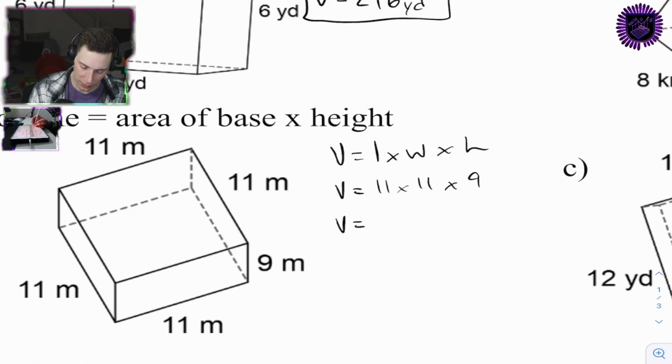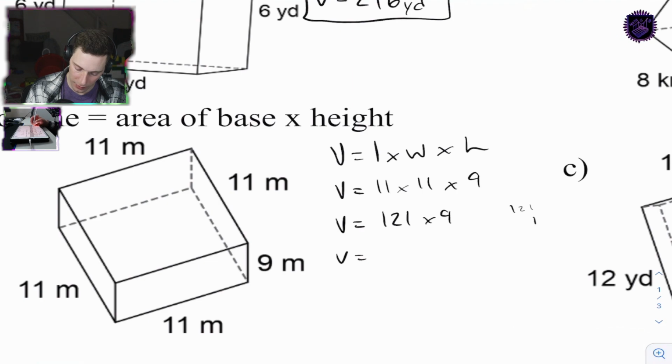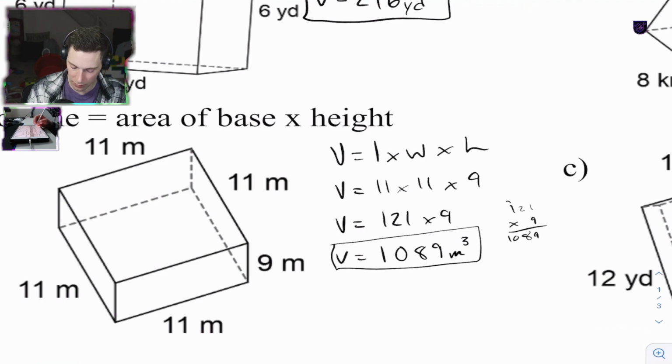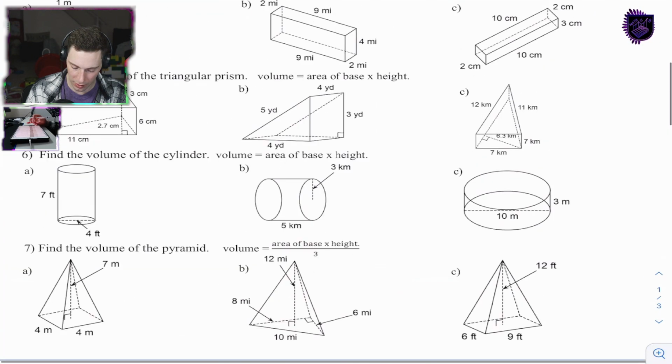So the volume will be equal to 121 times 9. 121 times 9 is going to be 9, 18, 1089. Volume equals 1089 meters cubed. I just want to check my math. 3B, 1089. Perfect.